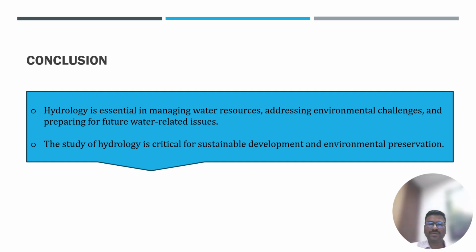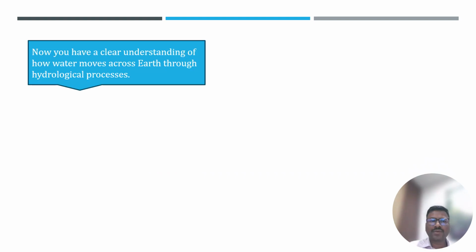So if we simplify, hydrology is the science and technology that gives a clear picture of how water moves from the ocean to the atmosphere and from the atmosphere back to the ocean through the land surface. Okay, so this complete cycle is a part of hydrology. So now you have a clear understanding of how water moves across the earth surface through the hydrological processes.